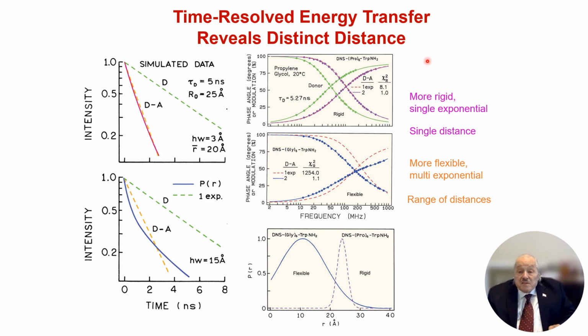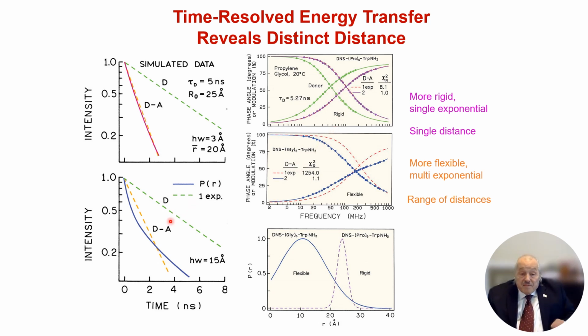So this is just an initial slide to show you that it can work, that the time resolved data does reveal distance distributions. So here we have that case we had before with a single acceptor at a single distance, and that doesn't change the shape of the frequency response, which means the frequency response remains a single exponential, just shifts to higher frequency.